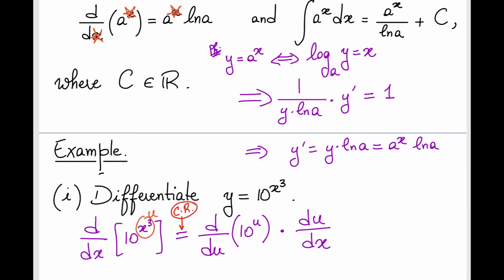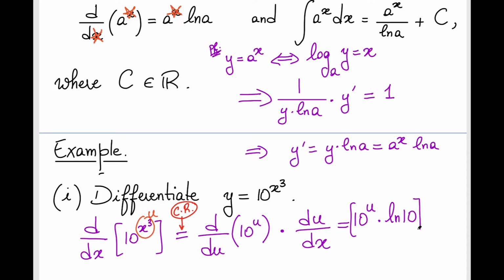Look, that's the star, that's the same star. So the derivative of this is going to be, who's the a? The a is 10. So that's going to be 10 to the power of that star times ln a. The star is u, so that's equal to 10 to the power u times ln 10.